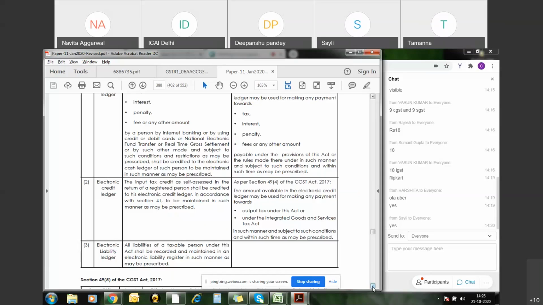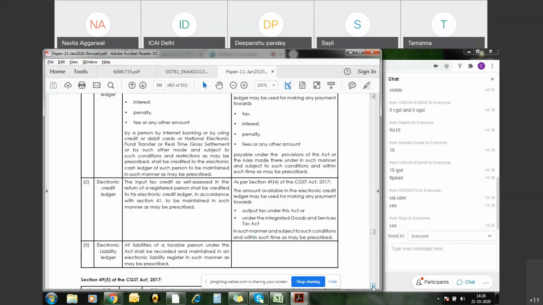When B computes its liability, before that, by the 10th of the subsequent month, A is supposed to upload on the portal all the supplies made to B or to any other person. So on the GST portal itself, whatever input credit is available to B is reflected.